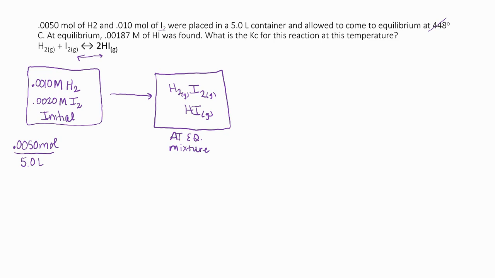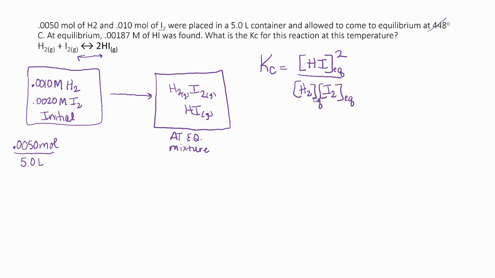Okay, so let's go ahead and write our Kc expression: concentration of HI squared over H2 and I2. The thing is, implied in this, like from the last question, is that these are equilibrium amounts.